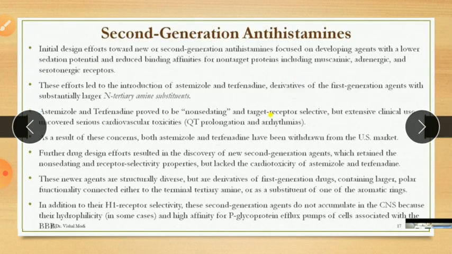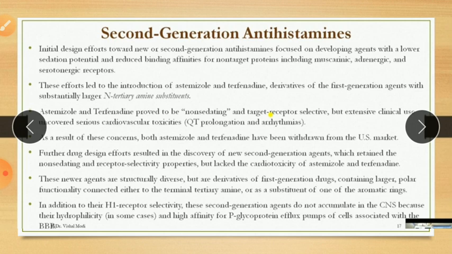So now let us start second generation antihistamine. As we saw in the previous lecture, in classification there are two types: first generation and second generation. First generation is the older drug which has the side effect of sedation, and second generation is the newer drug.